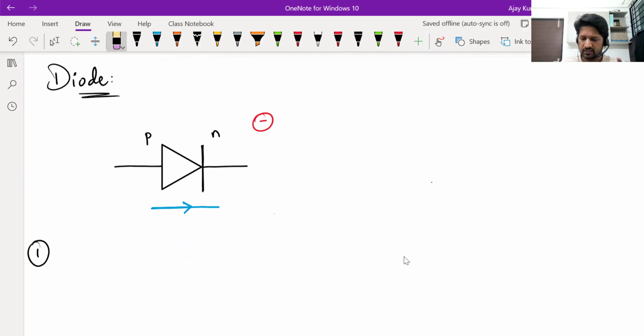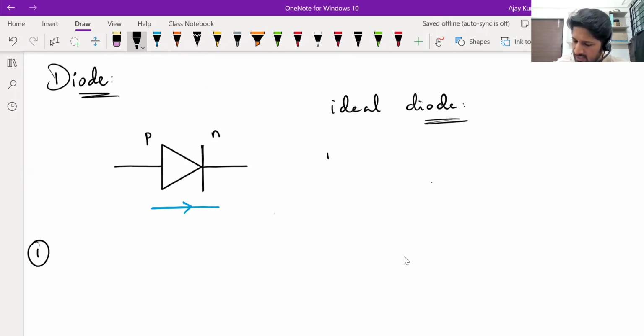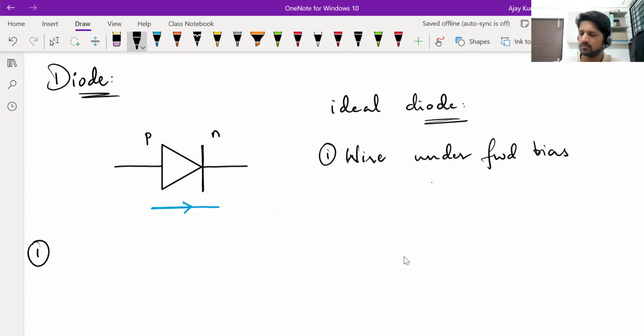Now, let us discuss ideal diodes and real diodes. Diode allows current in one direction, does not allow current in the opposite direction. Now, an ideal diode simply behaves like a wire. Okay, means it allows current freely like a wire does under forward bias. You can ignore its resistance.